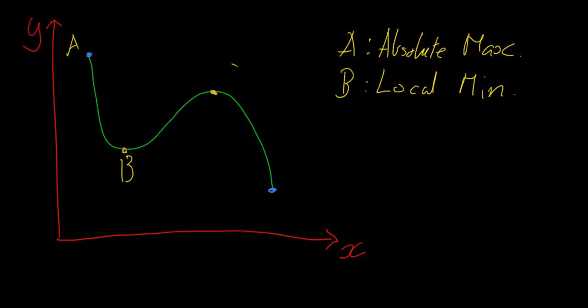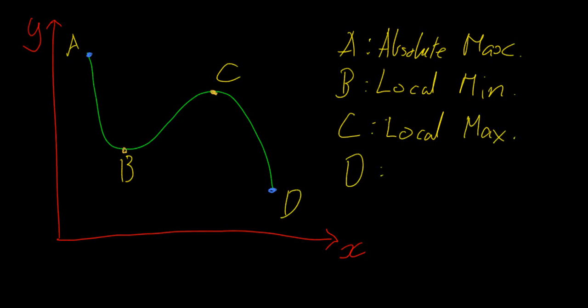And point C, again, this is a maximum turning point, so it is some sort of maximum, but it's not the absolute maximum. It's just the maximum around that area, so we call this a local maximum. And down here, this is definitely the lowest point on our graph, so we call it the absolute max.